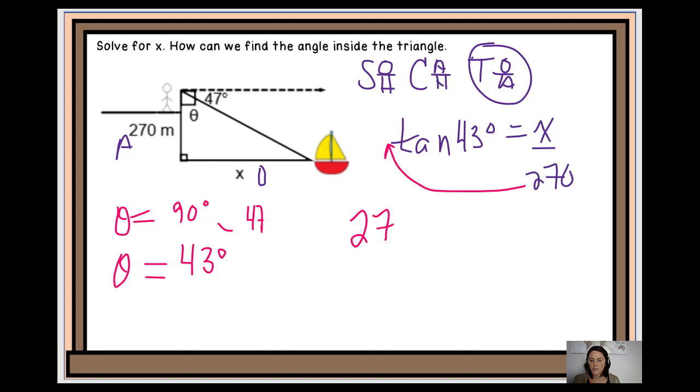So 270 times tan 43 is equal to x. Go ahead and plug that into your calculator, and we're going to round to 1 decimal. Okay, so you should have 251.8 centimeters.